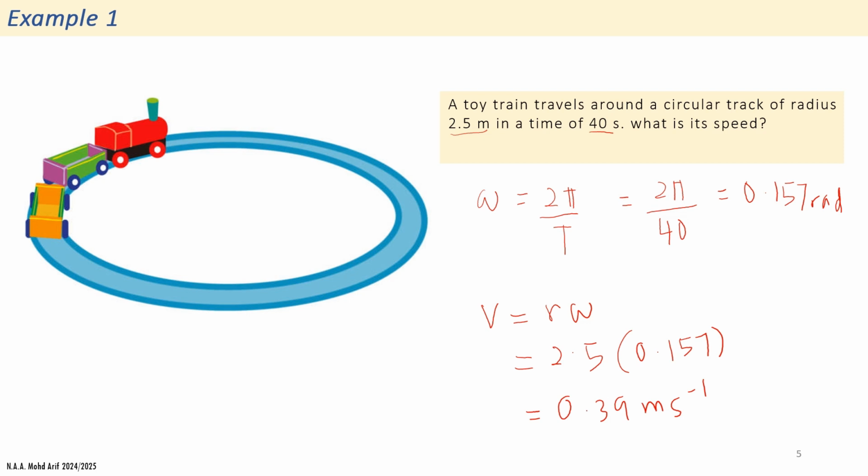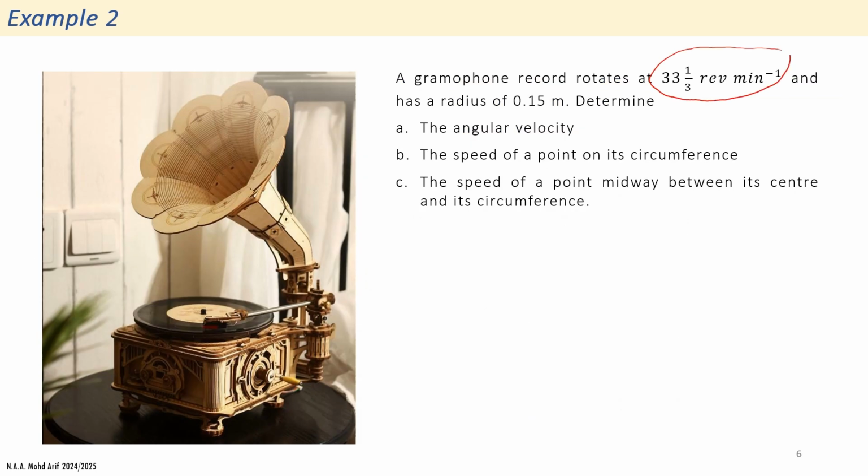Okay, for example 2, 33 1/3 revolutions per minute stands for ω, and the radius is 0.15. So the first question: determine the angular velocity or angular speed. So ω equals 33 1/3 revolutions per minute. But we need to change to radians per second.